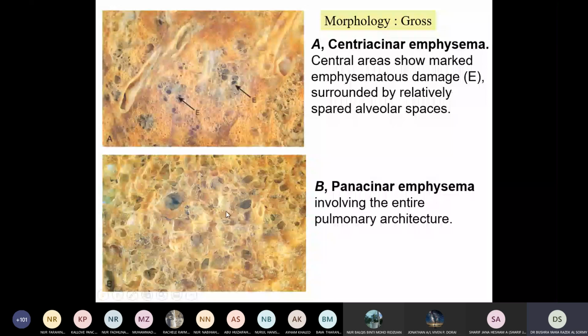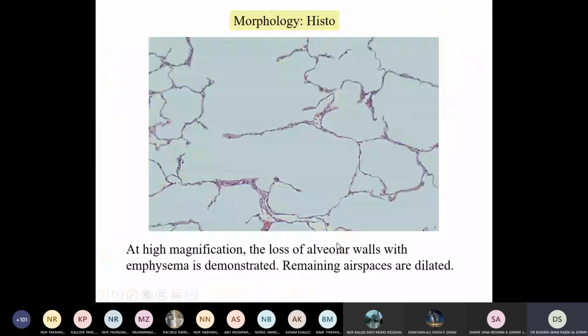They involve the entire pulmonary architecture. Okay, you can see here some area is normal, right? While some area in the center is affected, the respiratory bronchiole. So you can see here the dilated alveolar wall, plus the destruction of the alveolar wall.